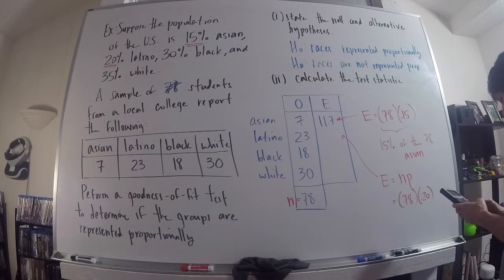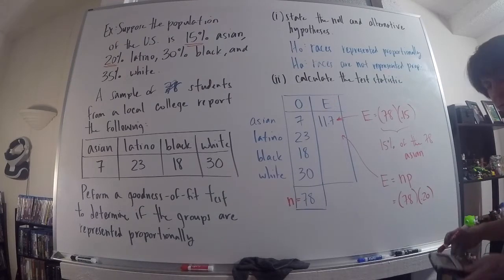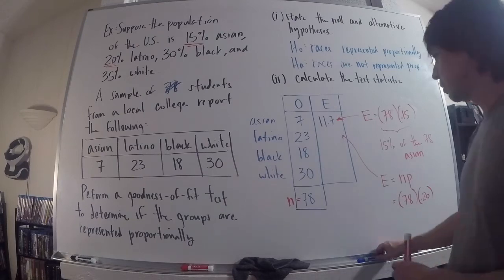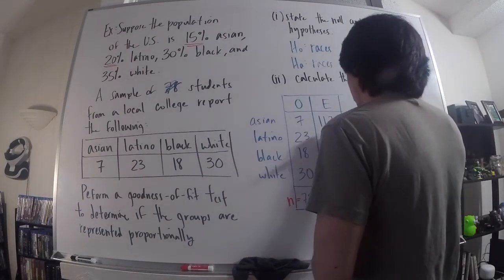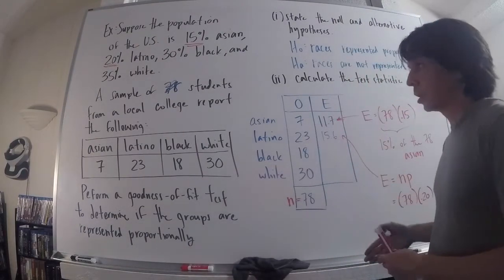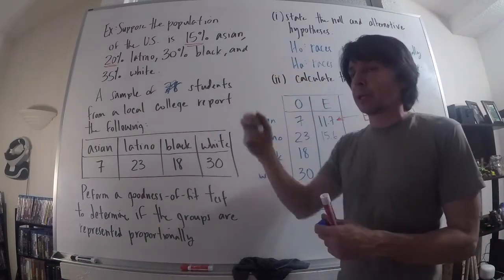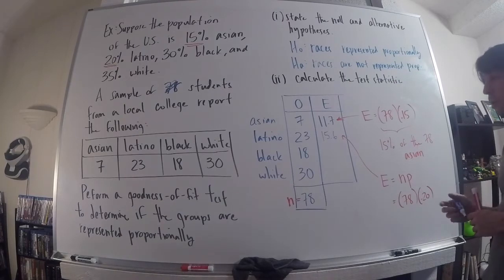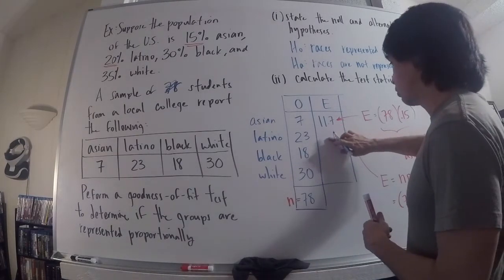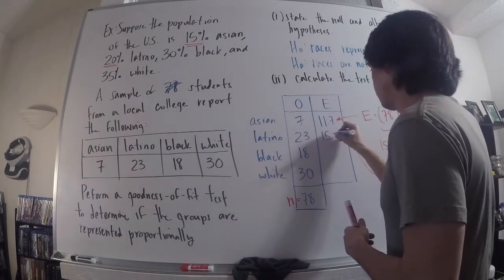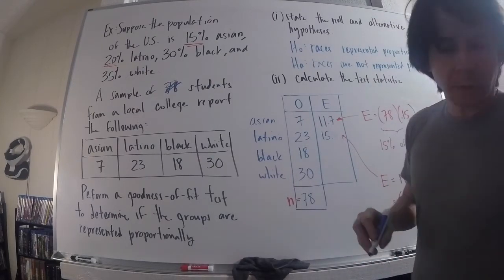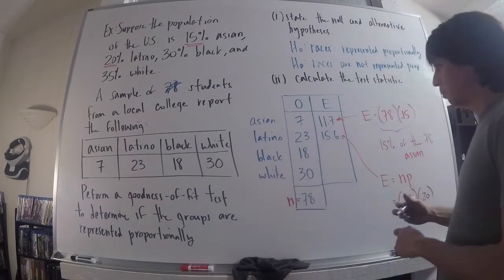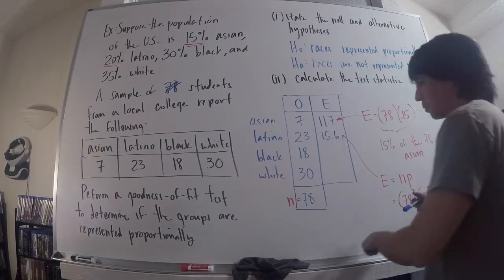So 20% of 78 is 15.6. You expect 15.6 Latinos. Notice you don't expect them to be equally represented because they're not equally represented in the population. You expect proportional representation. That was mentioned in chapter 1. Getting about 12 Asians and maybe 16 Latinos is fairly accurate proportional representation.